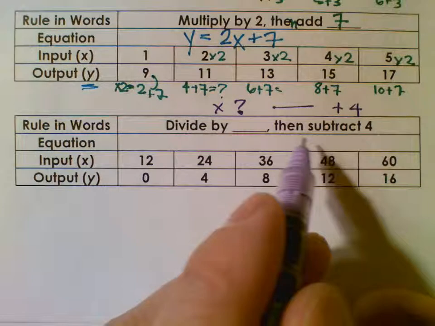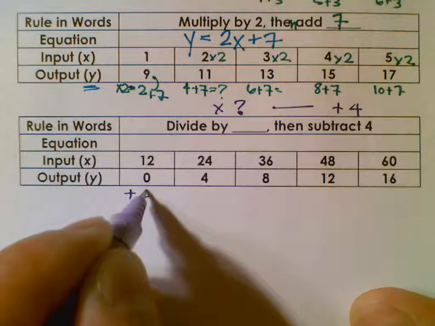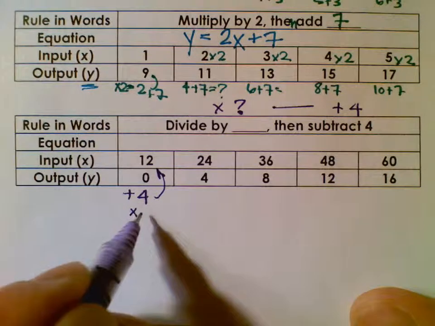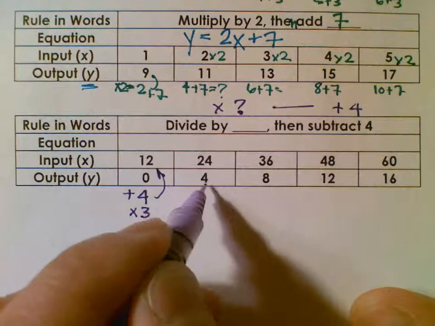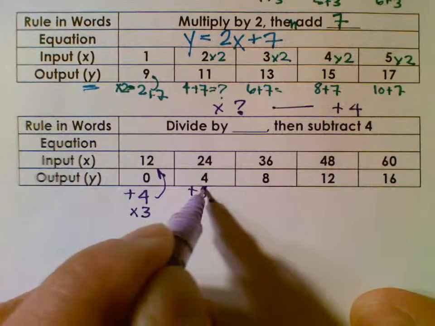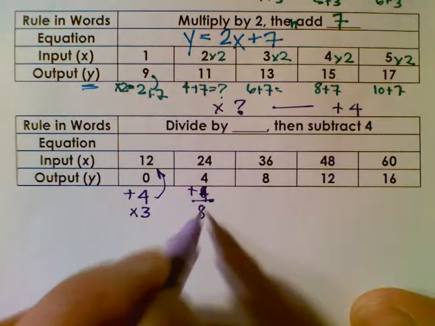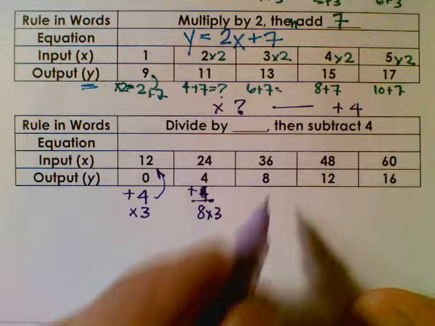So first thing we're going to add 4. We're going to get 4, and then how do we get to 12? Well, we have to multiply by 3, and that should give us 12. So if we go 4 and we add 4, we're going to have 8. 8 times 3, does that give us 24? I think so.